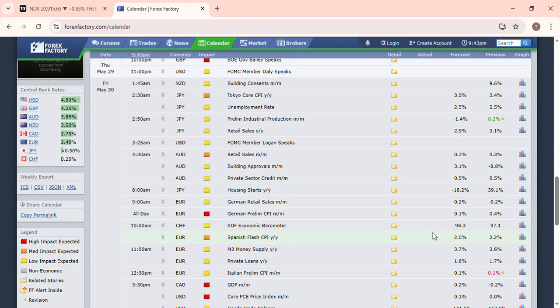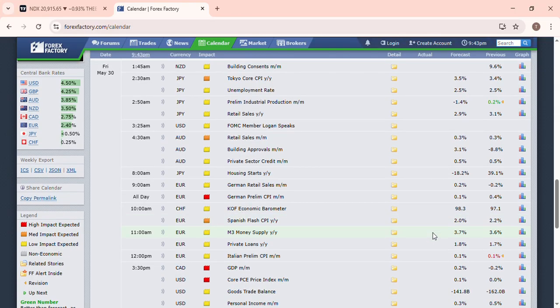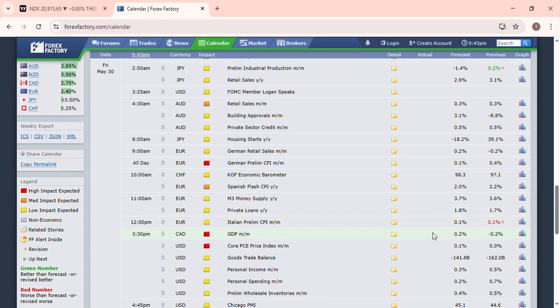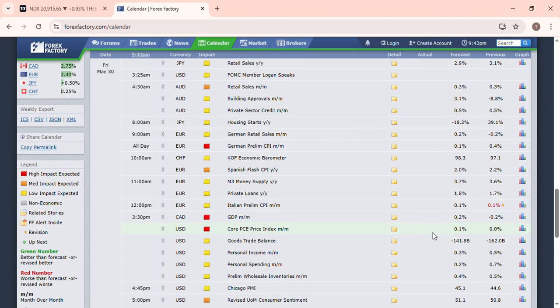These are economies which we don't follow much, so we will just wait and see what happens. On Friday at 3:30 p.m. we are going to have the GDP month over month in Canada. Later, at the same time, 3:30 p.m.